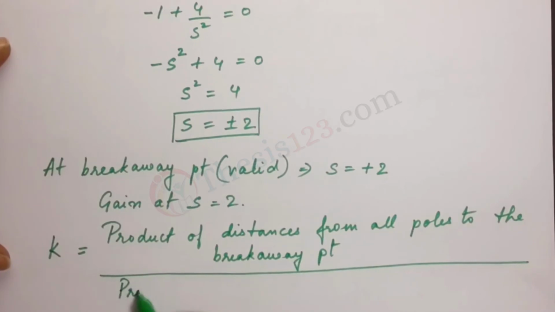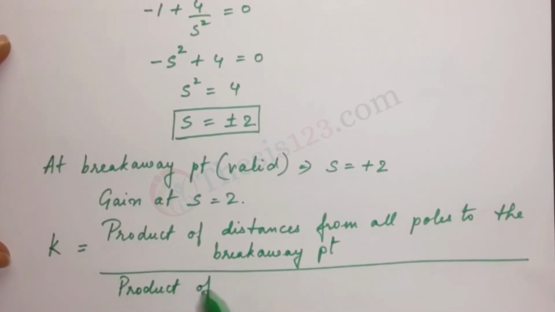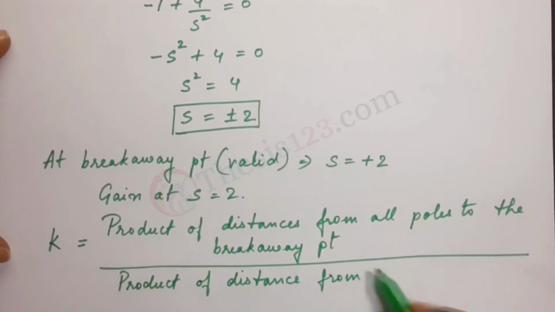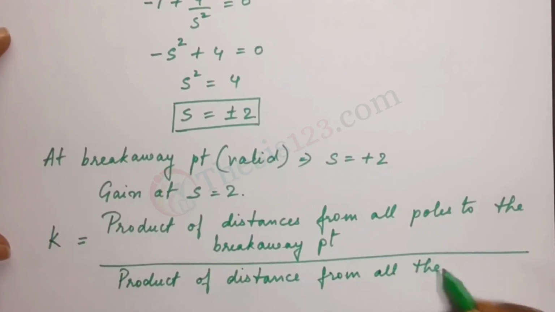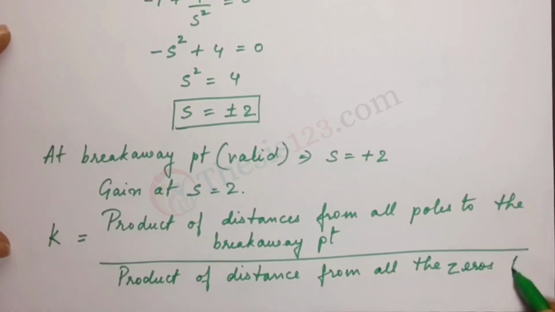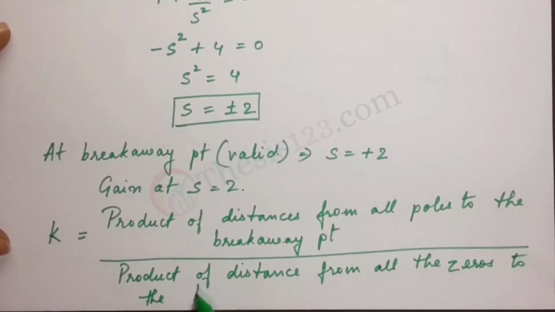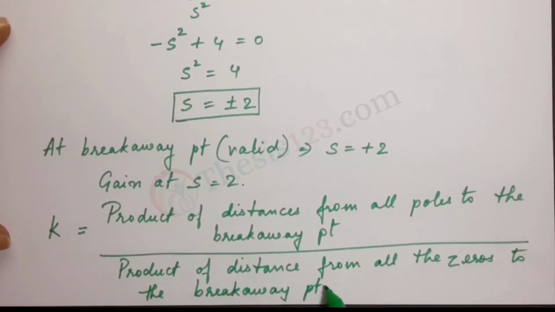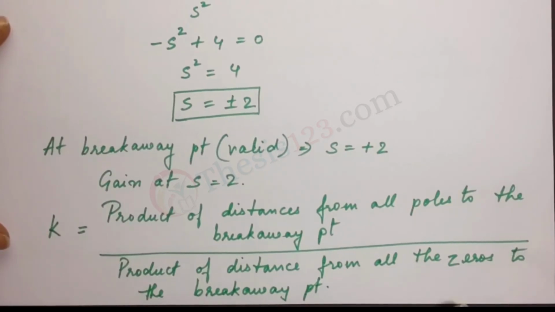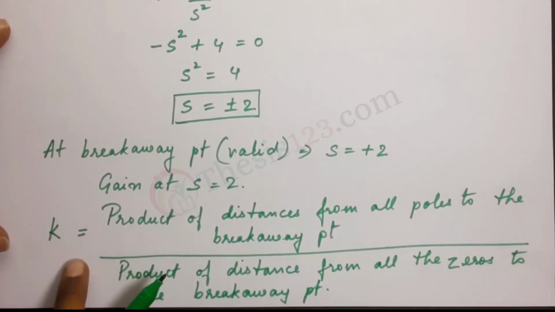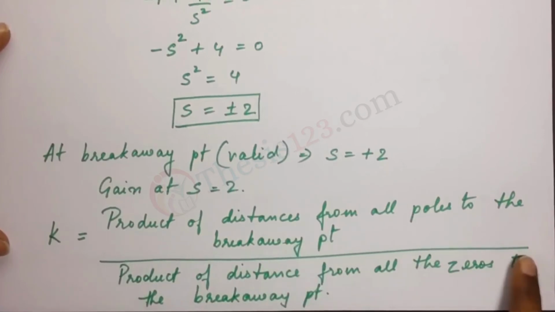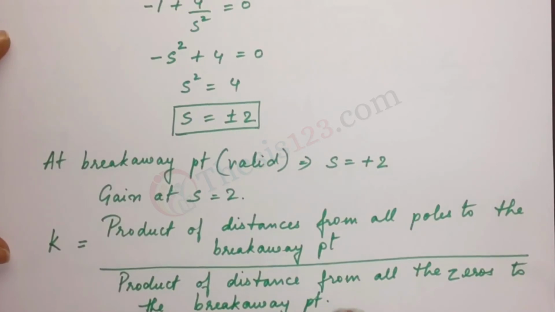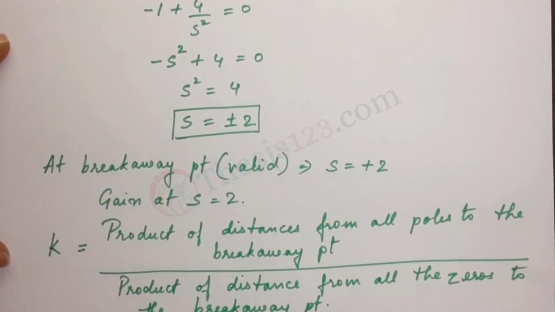to the product of distances from all the zeros to the breakaway point. Now this is a ratio that you will have to remember. K is equal to the product of distances from all poles to the breakaway point divided by the product of distances from all the zeros to the breakaway point.